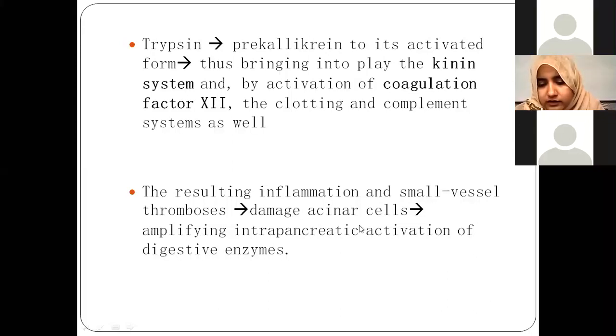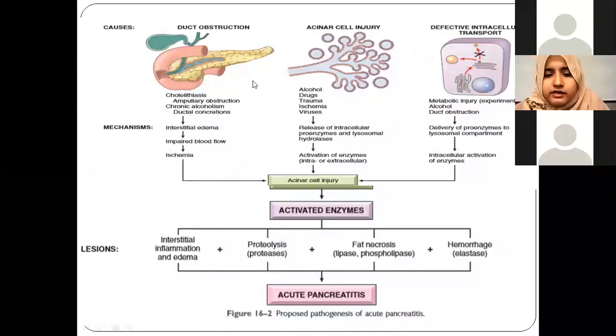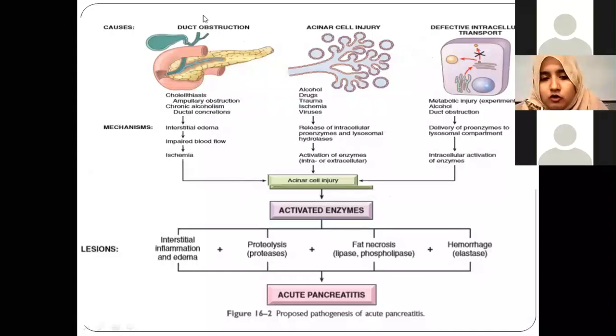How do acinar cells get damaged? They get damaged because of the enzymatic activity and because of the small vessel damage, amplifying the intrapancreatic activation of digestive enzymes. Remember this picture: for acinar cell injury, there are three possible causes: duct obstruction, direct acinar cell injury, and defective intracellular transport.